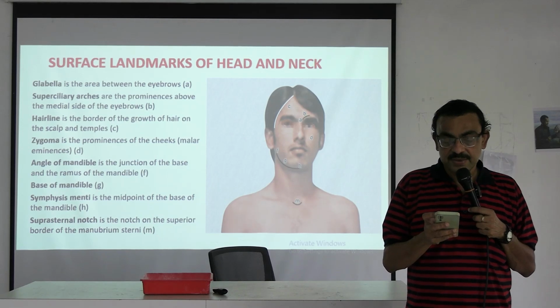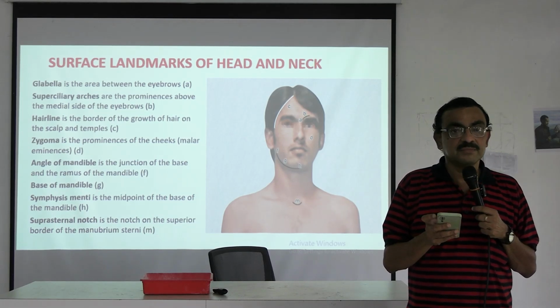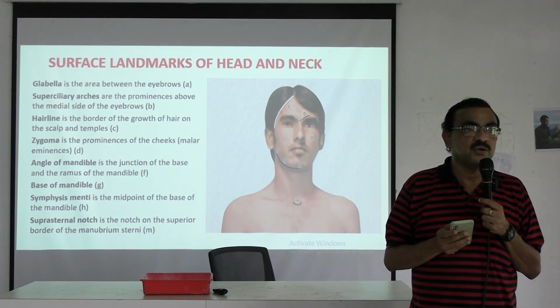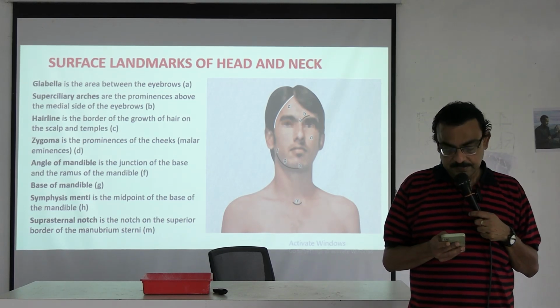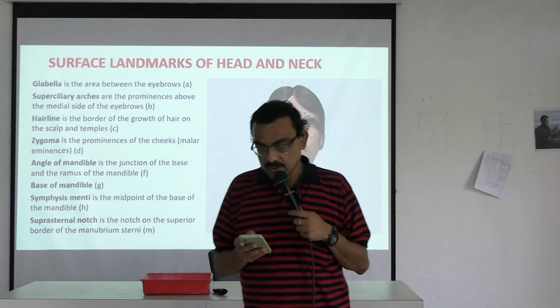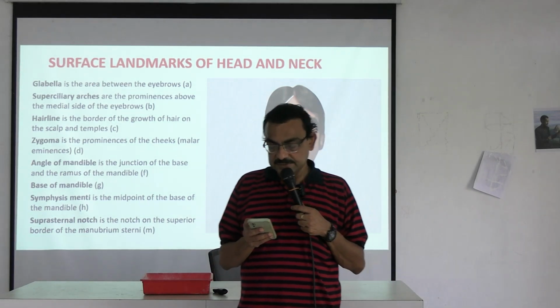That means, number 1, isthmus of the thyroid gland. Number 2, anterior arch of cricoid cartilage.